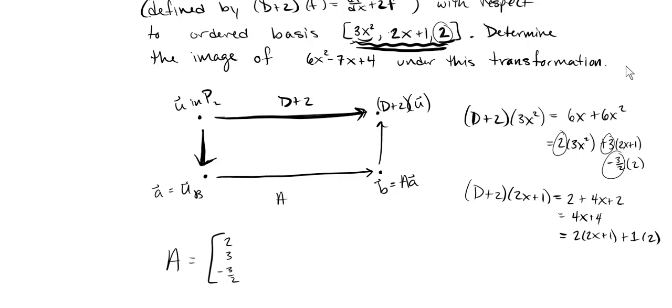You can check this does work. Let me be more specific: 0 times the first basis vector plus 2 times the second basis vector plus 1 times the last basis vector. I have expressed the image of 2x plus 1 in terms of my basis. So I have its coordinates, 0, 2, 1.